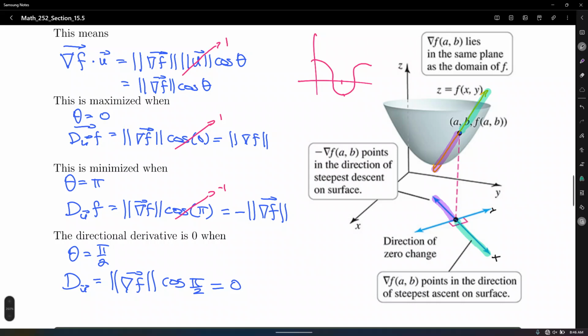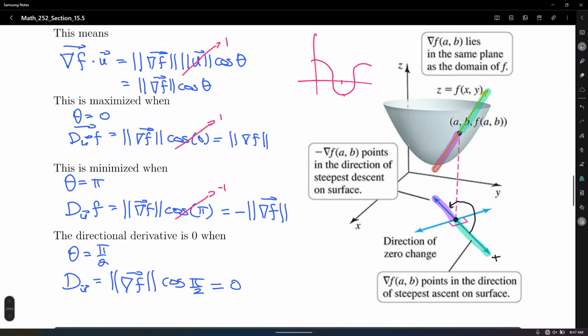Now look at the shadow of the same vector, now going in the opposite direction. Isn't that going in the direction of descent? What's the angle? Well, this is x, this is y, so what's the angle right here? 180 degrees.